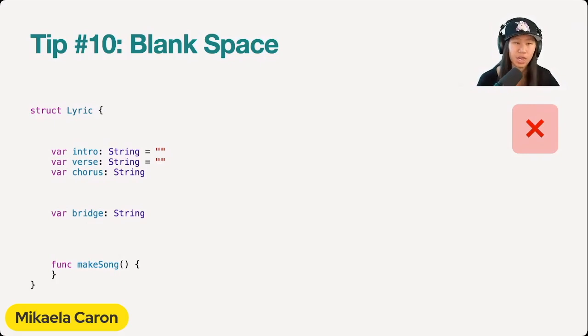Swift doesn't really care about this white space, but as programmers, it's a lot harder to read this code. This is a small sample of only 4 variables and 1 function, but imagine if an entire file looked like this. You would be scrolling up and down constantly just to look at different variables and function declarations. And it would be really hard to start understanding how something is working when you're constantly scrolling up and down.